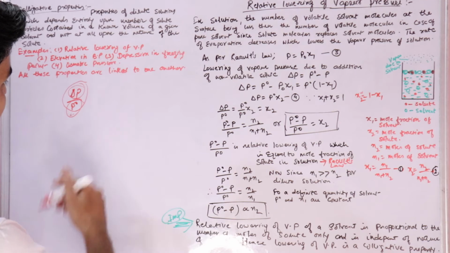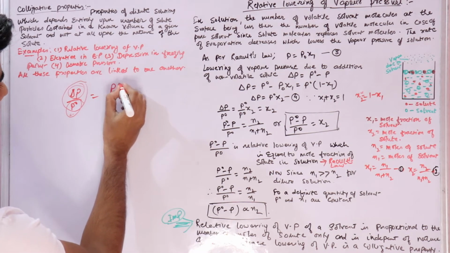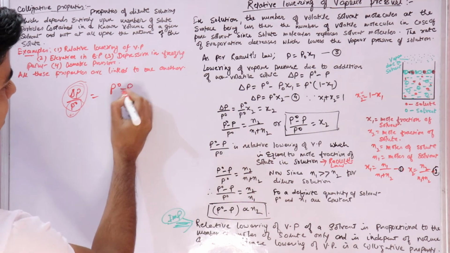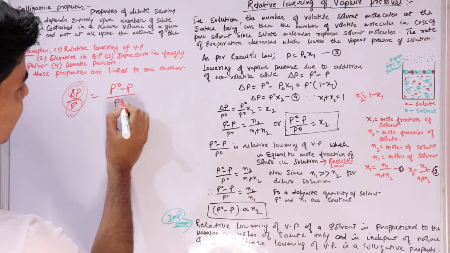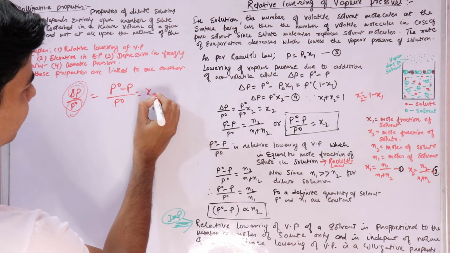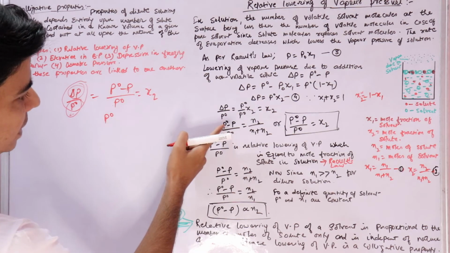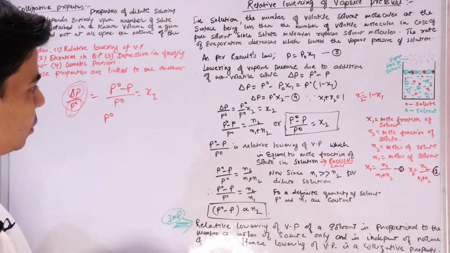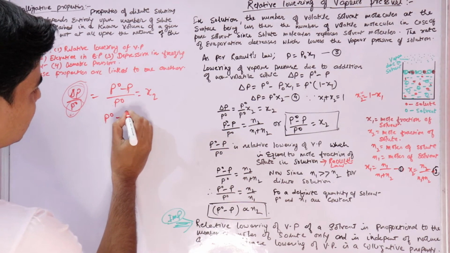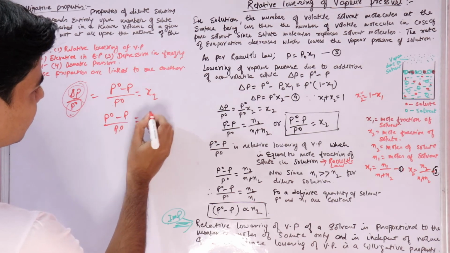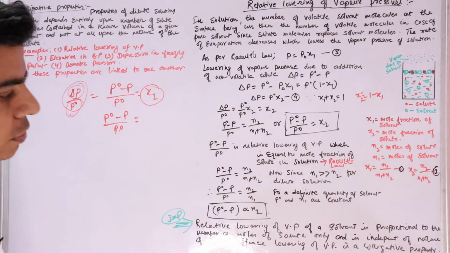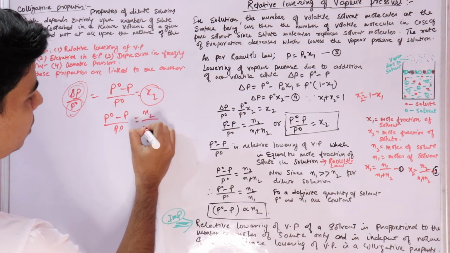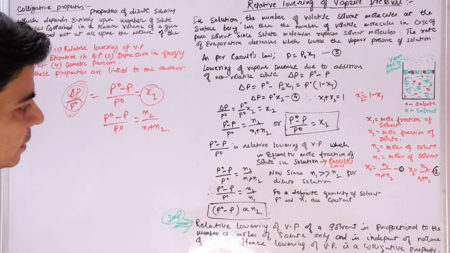P0, we'll just put the values. Delta P is P0 minus P, upon P0, right? And this is equal to x2. So P0 minus P upon P0 is the relative lowering of vapor pressure. If we substitute the value of x2, which is the mole fraction of solute, it would be n2 upon n1 plus n2, right?